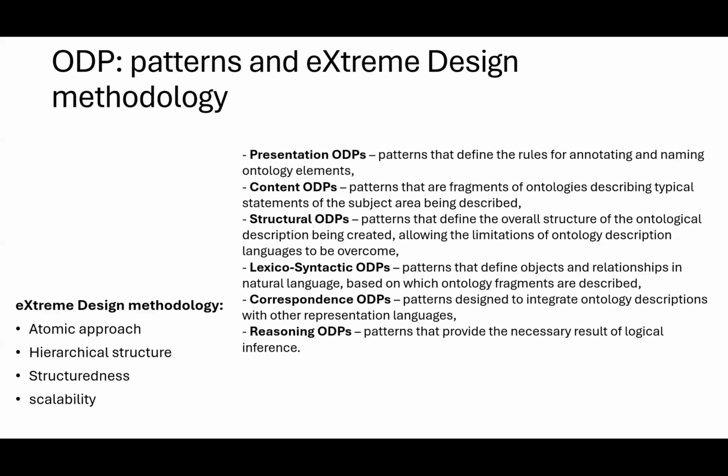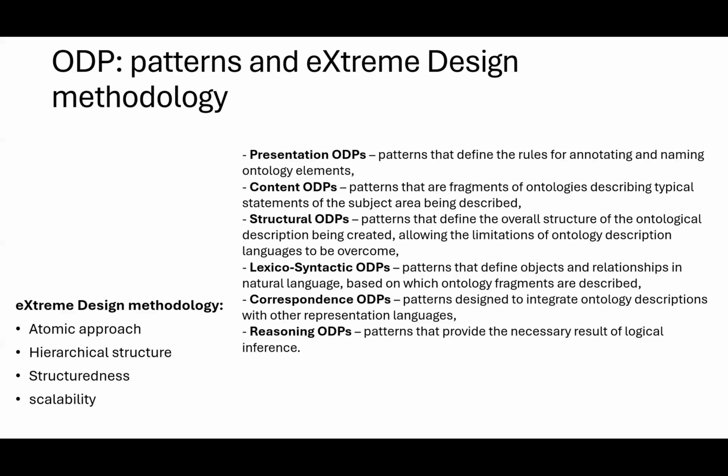Concept ODPs are patterns that fragment ontologies. Structural ODPs define the overall structure of the ontological description, and allow us to overcome the barrier of transferring and holding different knowledge represented in different languages in one ontology.